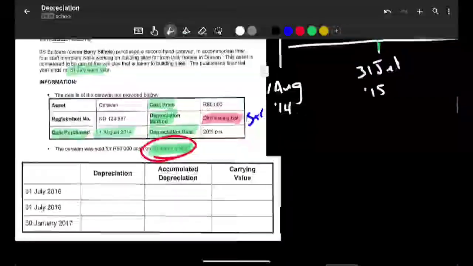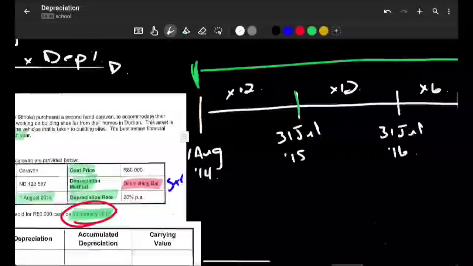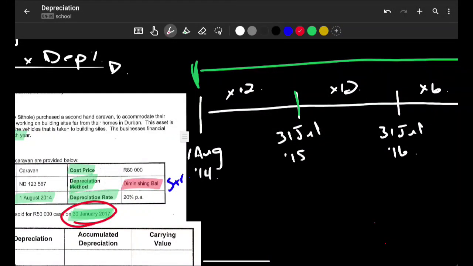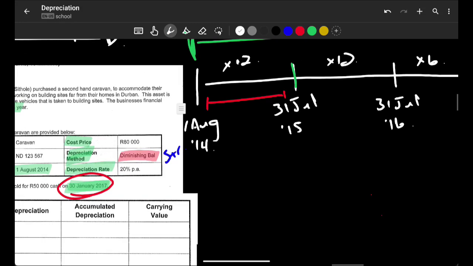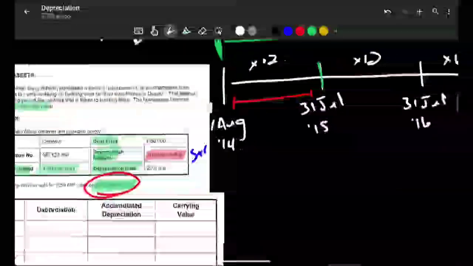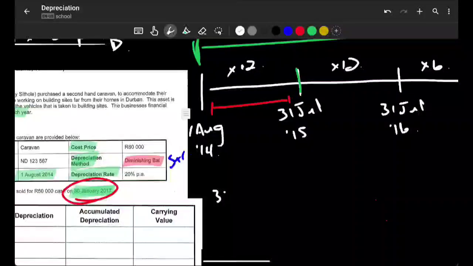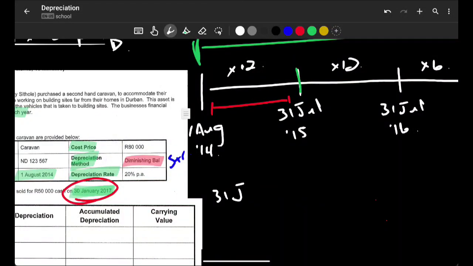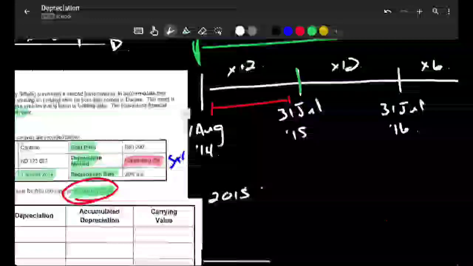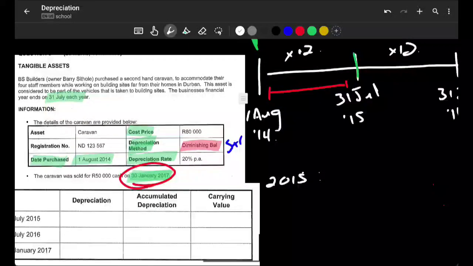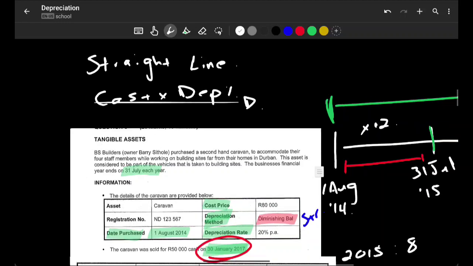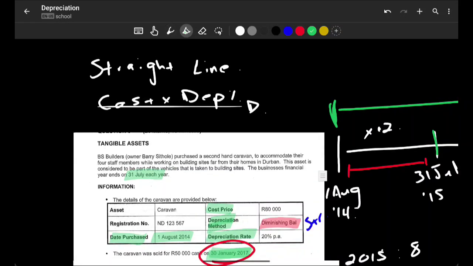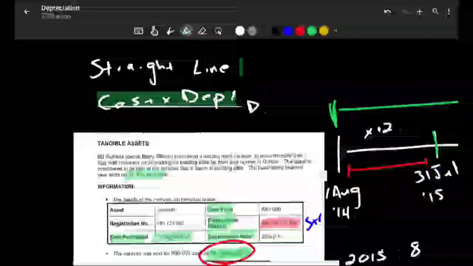Then now we start with the actual calculation. So from the first 12 months there, we're going to say on 31st July 2015, let me just write the year, right? 2015, our depreciation was as follows: cost price, remember that's important, right? Our formula again, cost price multiplied by depreciation percentage.